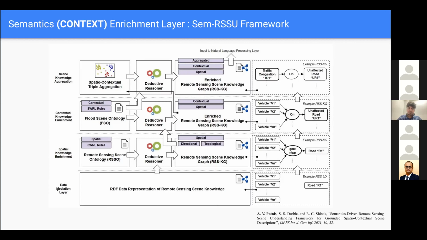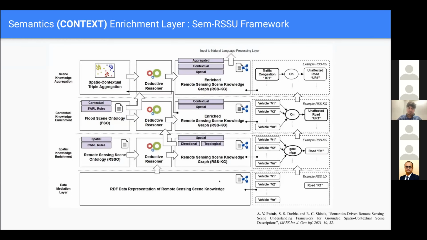So as we discussed in the earlier slide, the data mediation layer, right? You can see that the RDF data representation of remote sensing scene knowledge was the output of the data mediation layer, which served as an input to this semantic enrichment layer. So to give you an example, what was actually inferred from this particular data mediation layer was that there are individual regions called vehicles belonging to the type vehicle, and there is an individual region of the type road, right?